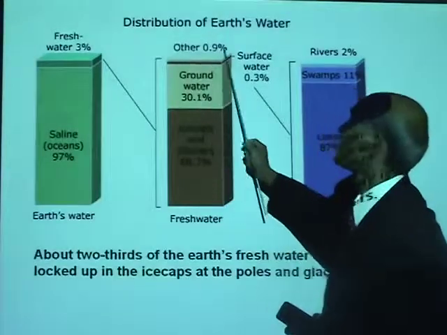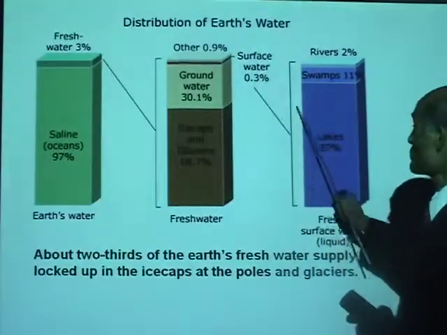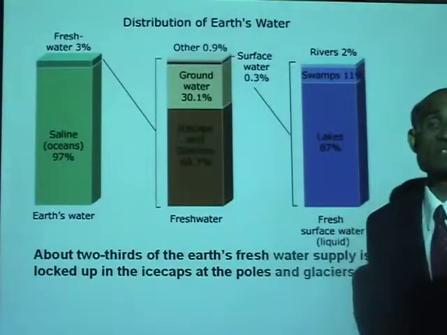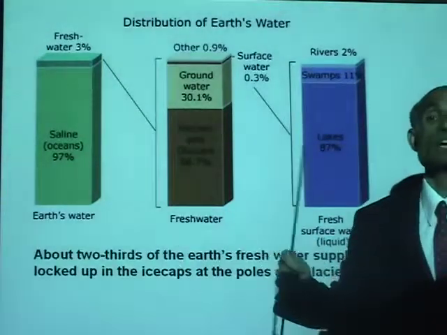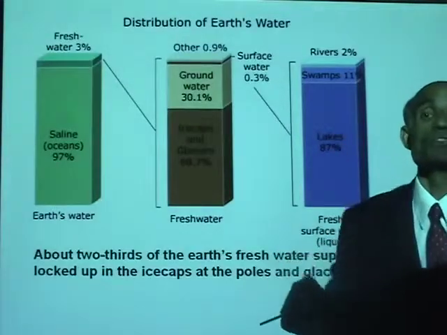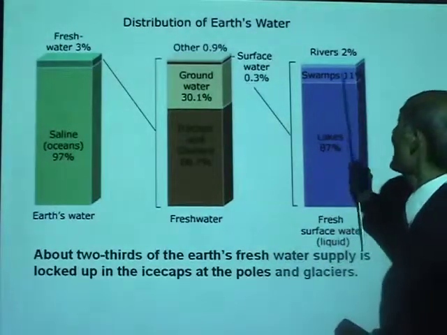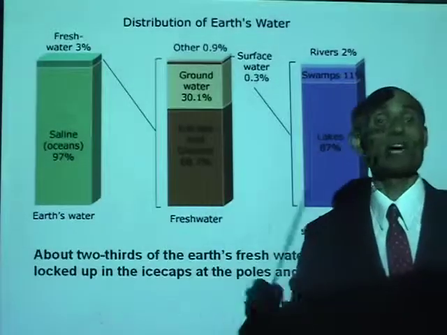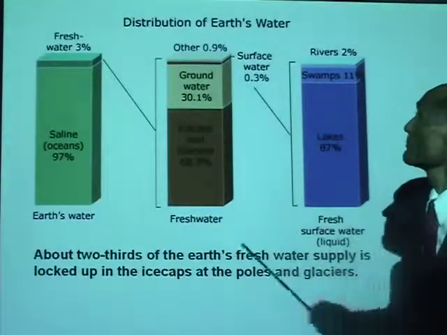Now, what are the surface waters made of? That is the third diagram. Lakes, about 87% of the surface water is concentrated in the various lakes, and 11% are in the swamps. Well, of course, the Florida Everglades is a good example.